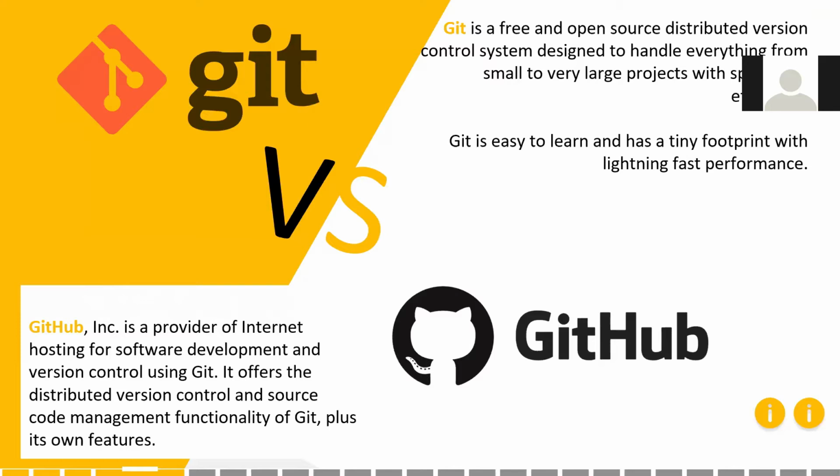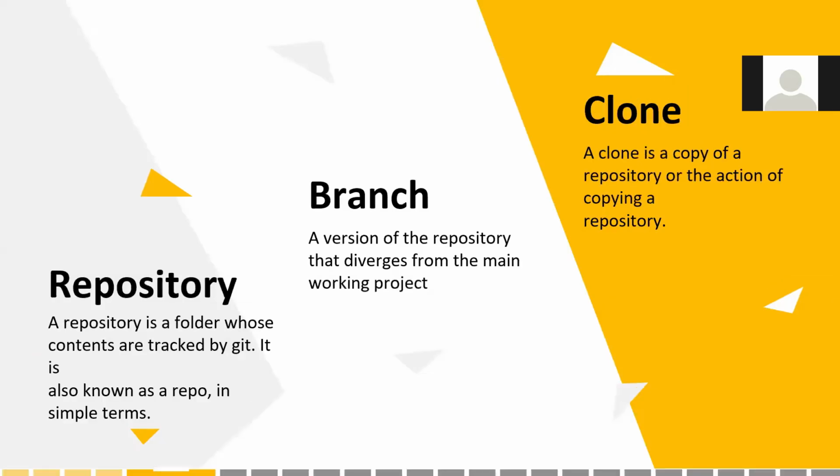I hope we clarified that one. In this session today, you might be seeing a set of words like repository, branch, clone. As I mentioned earlier, a repository is the folder where the contents are tracked by Git, because we need to have a central database to save these changes.